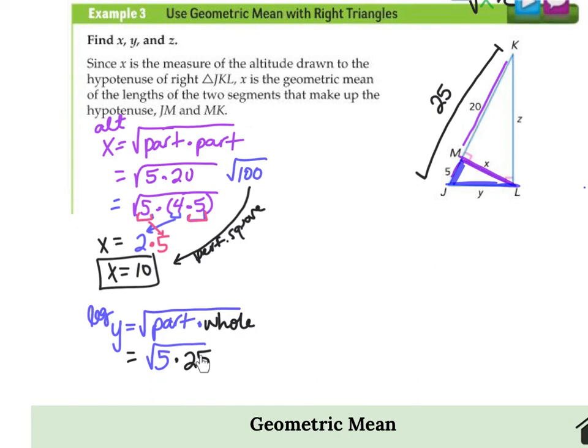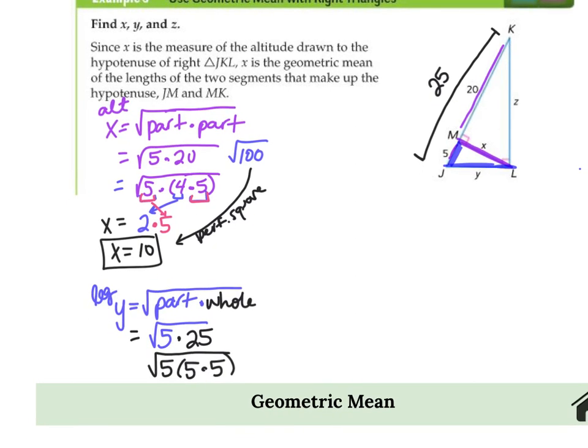25 is a perfect square, so if you know how to take that out and simplify, awesome. If not, let's factor it down: 5 times 25, which is 5 times 5. Again, 25 was a perfect square, like we just mentioned.